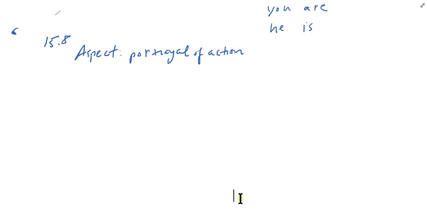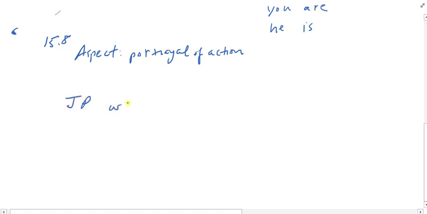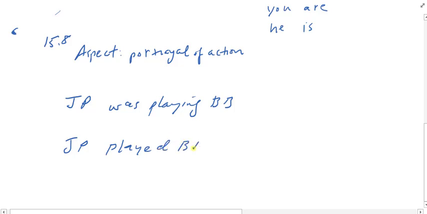So if I wanted to describe his basketball playing in the past, there's really two ways I could do it. I could say something like, JP was playing basketball. Okay? And I could just as well say, JP played basketball.